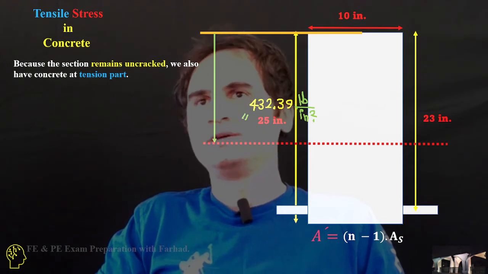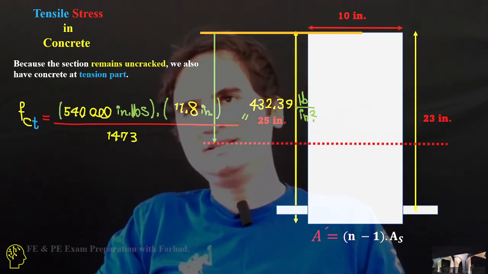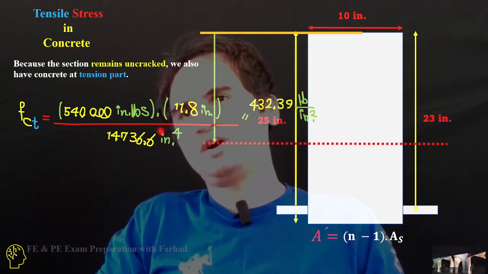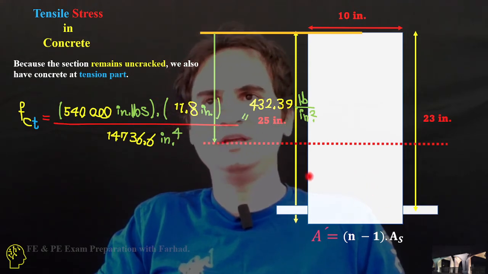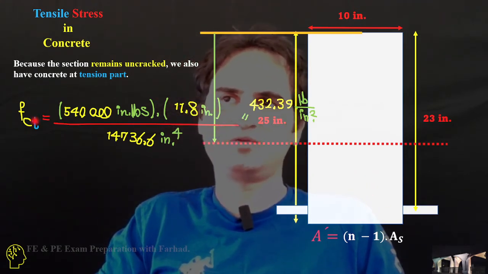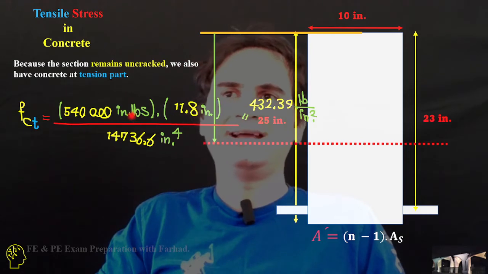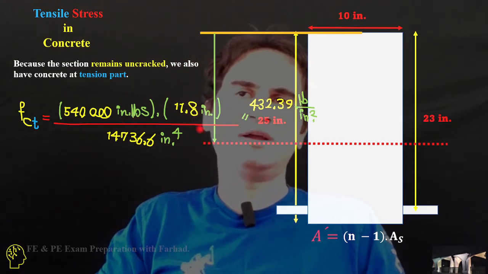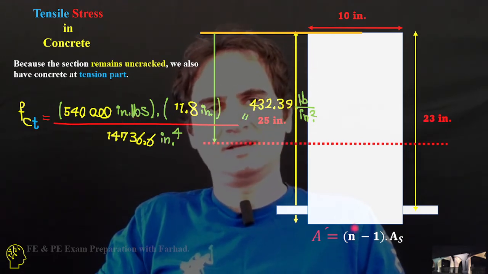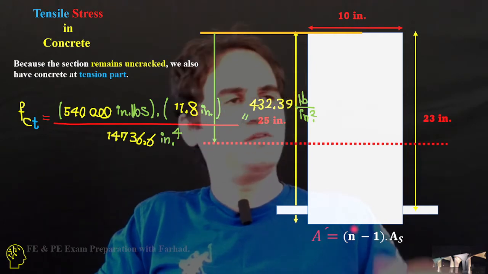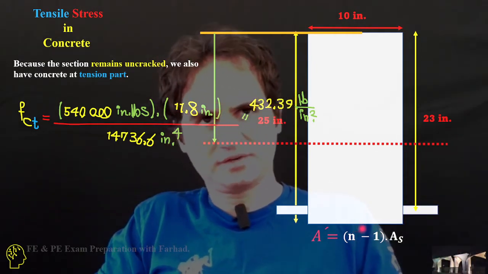In that case, FCT is the stress for concrete in the tensile part, and that's again Mc over I, with c this time all the way down to the bottom of the concrete block.